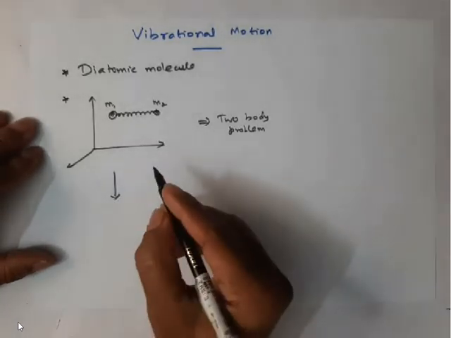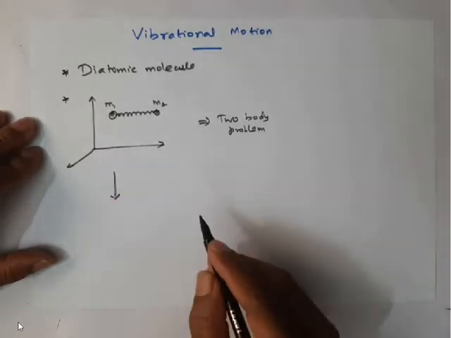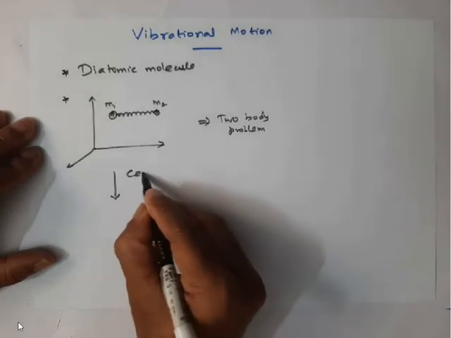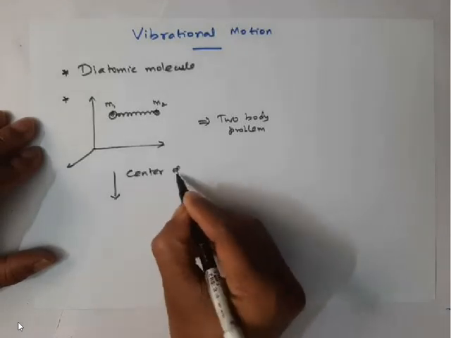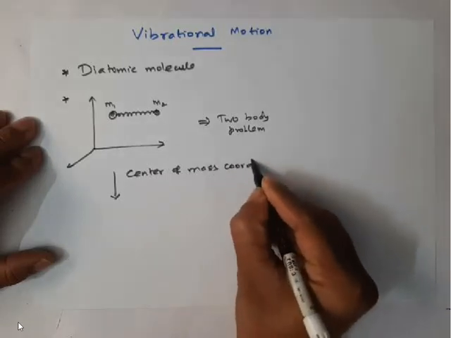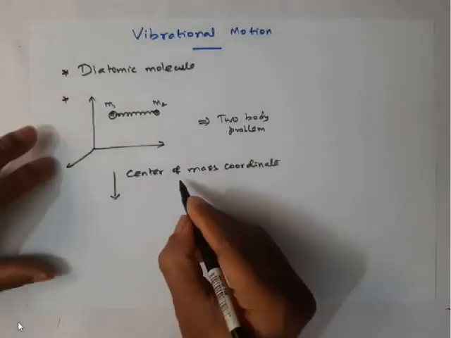We can convert a two-body problem into a one-body problem by changing the coordinates into center of mass coordinate and relative coordinates.